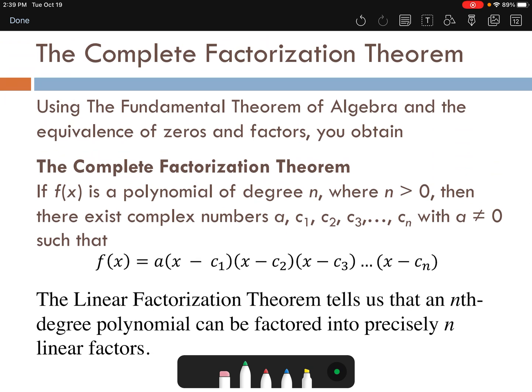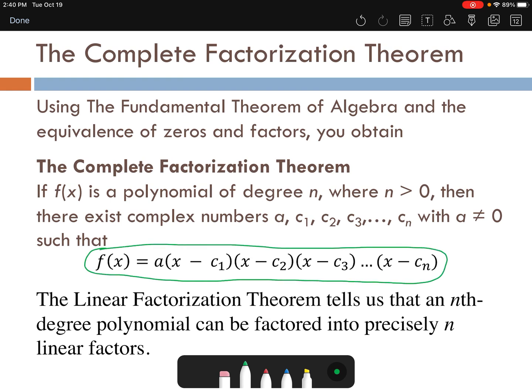So now, moving on, the complete factorization theorem states that if we know the zeros, then we can find the linear factorization. So we know that there's going to be n linear factors if we have an nth degree polynomial.